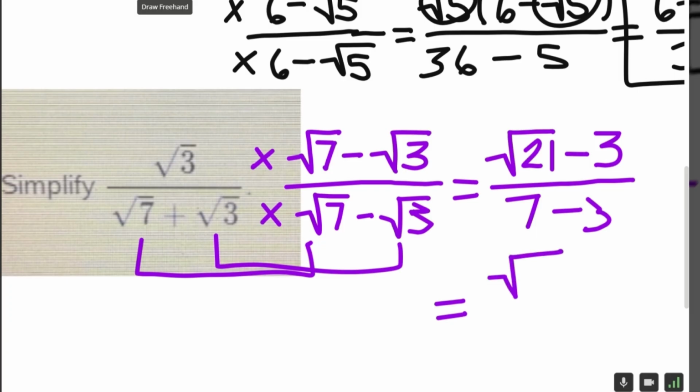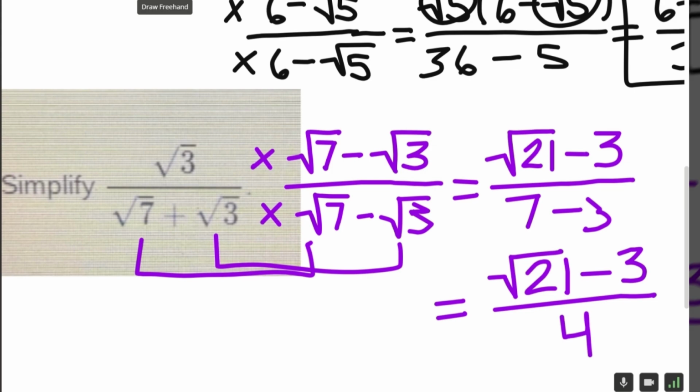Final simplification. Square root of 21 minus 3 over 4. That would be our answer.